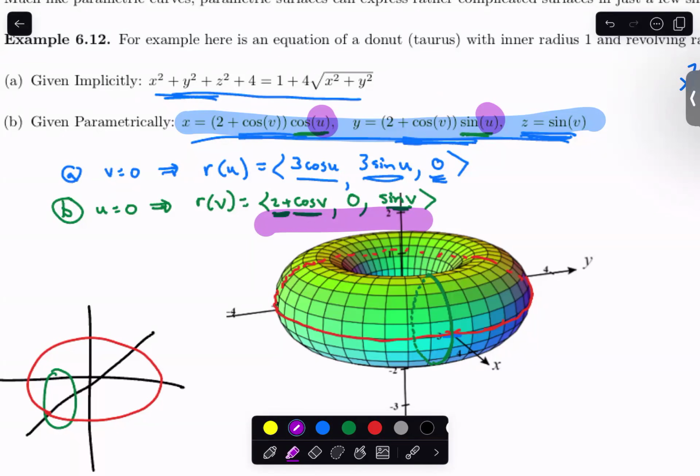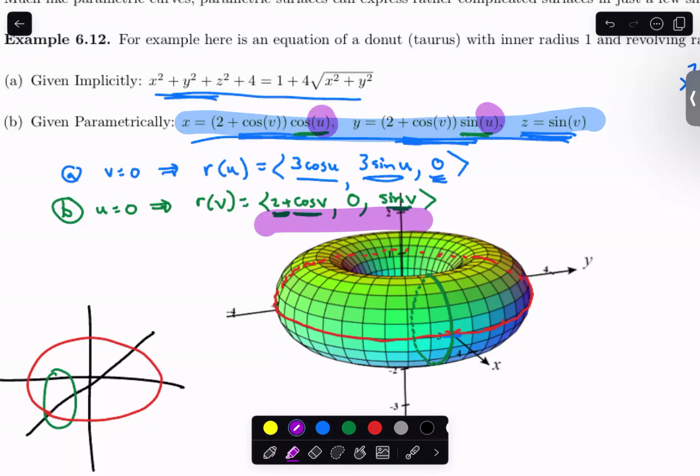Depending on what v is, sine goes up to 1 and down to -1. Likewise, 2 plus cosine v, depending on what v is, is going to go all the way up to 3 because cosine maxes out at 1, and it's going to go down to 1 because cosine bottoms out at -1. So once you add the 2, it's a 3 to 1 sort of deal.